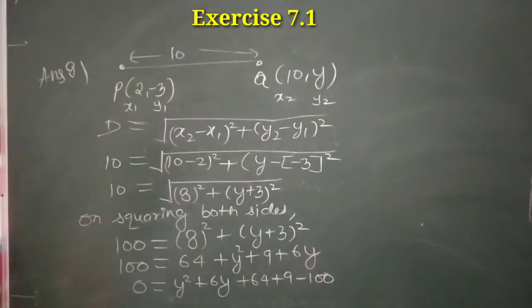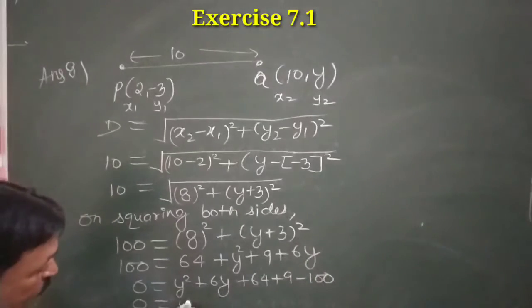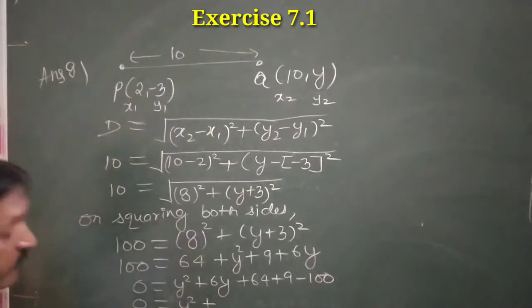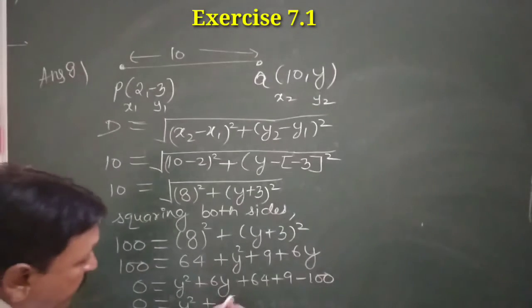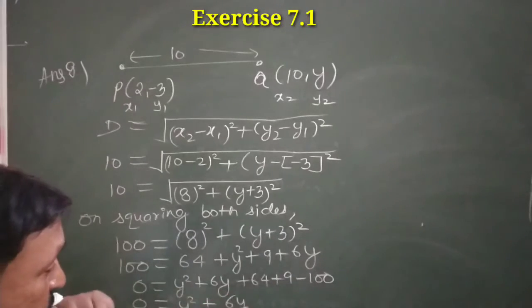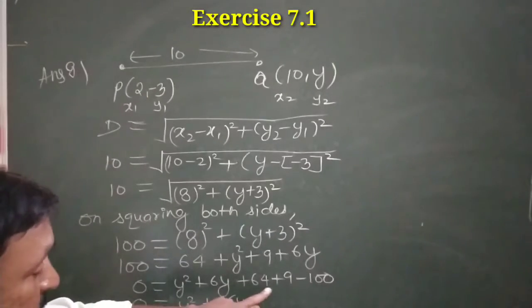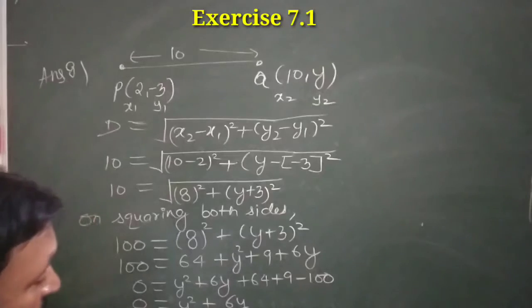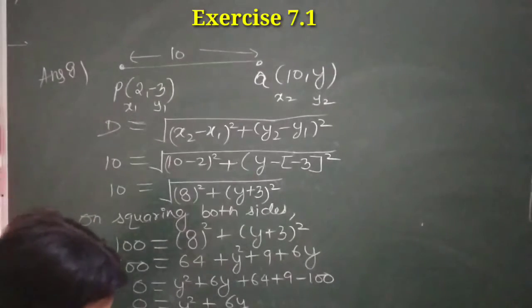So 0 will be equal to y square plus 6y, and 64 plus 9 means 73, and 100 minus 73, how much?